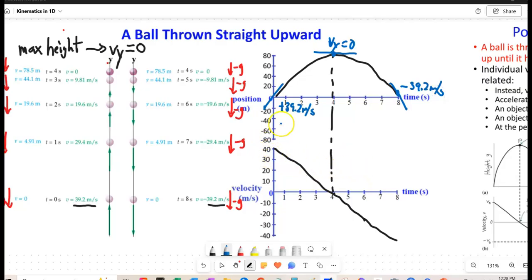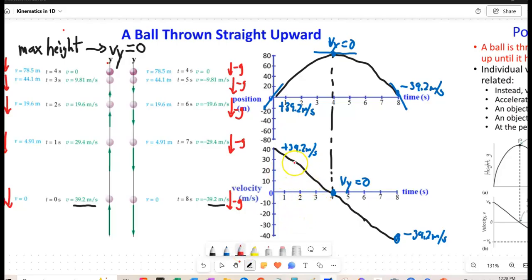So in other words, it starts out with a positive 39.2 meters per second, slows to a stop where the velocity in the y direction is equal to 0, and then when it's landing back in your hands, it's falling down with the same speed that you sent it up with, which is 39.2 meters per second.